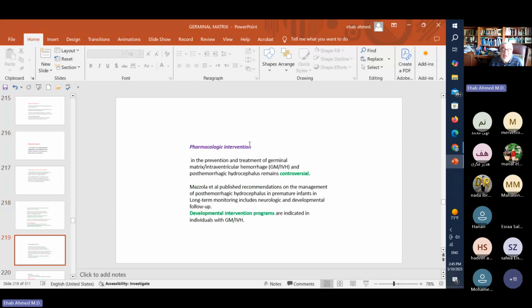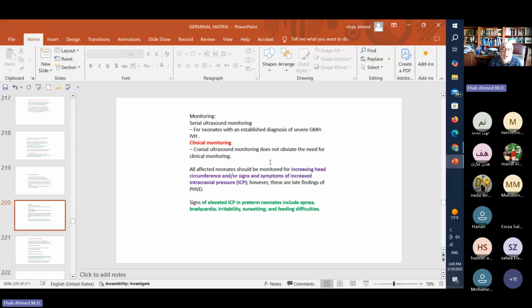Pharmacologic interventions are still controversial, and I'm going to give you some examples. Monitoring: we should monitor the baby clinically, checking head circumference, looking at the clinical presentation, symptoms and signs, and also by serial ultrasound.